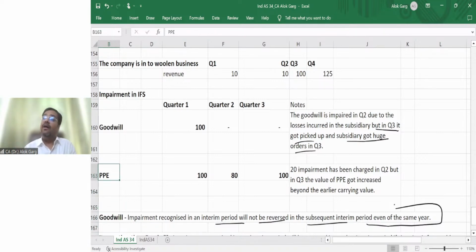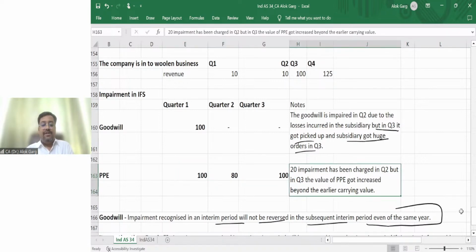What about items other than goodwill? Let's say fixed asset or intangible asset other than goodwill. Example, at the end of quarter one, it was 100 crores. So 20 crore impairment has been charged in quarter two, right? So the closing balance becomes 80 crores in quarter two. But in Q3, the value of PPE got increased beyond the earlier carrying value.